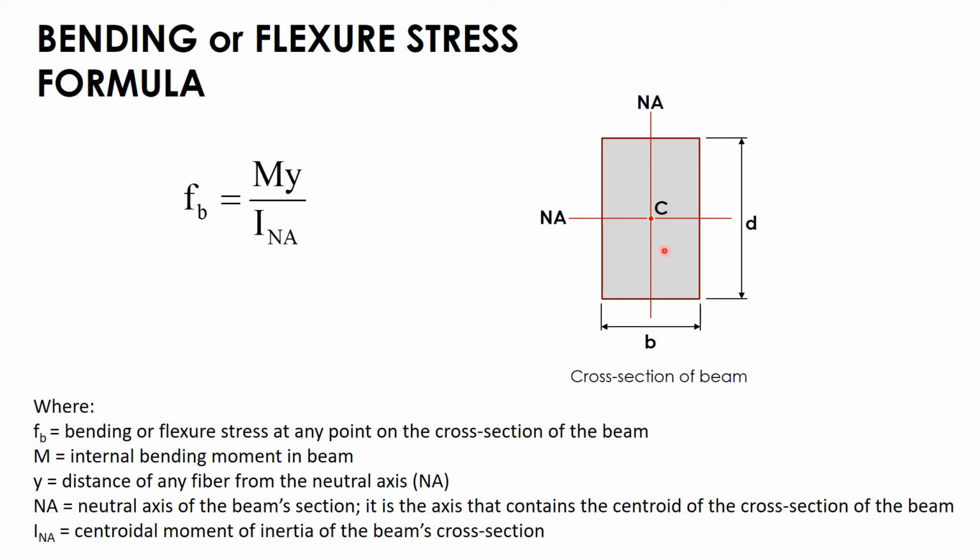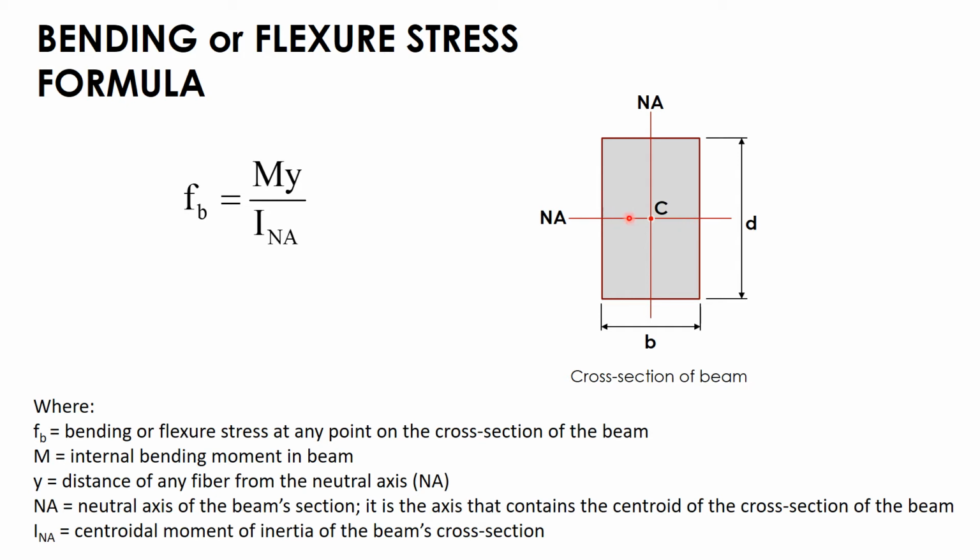For example, if you are getting the bending or flexure stress about the neutral axis, meaning, dito sa neutral axis na ito, yung element dyan or yung fiber dyan ang kinukuhanan mo ng flexure stress. And if you will locate the distance of that fiber na nag-coincide sa neutral axis, so ang distance nun from NA is 0.